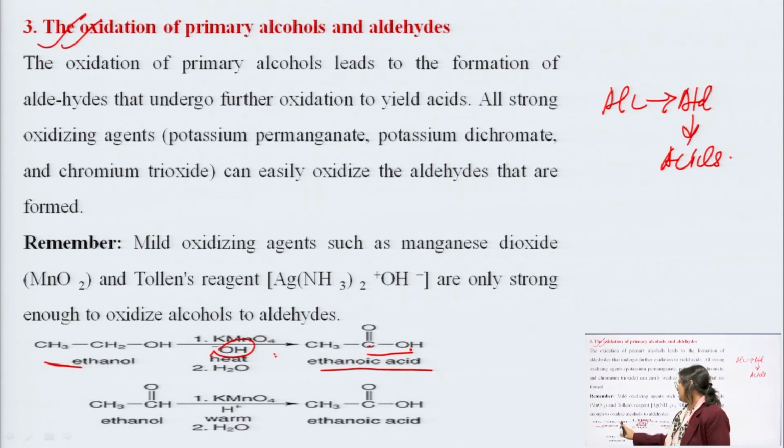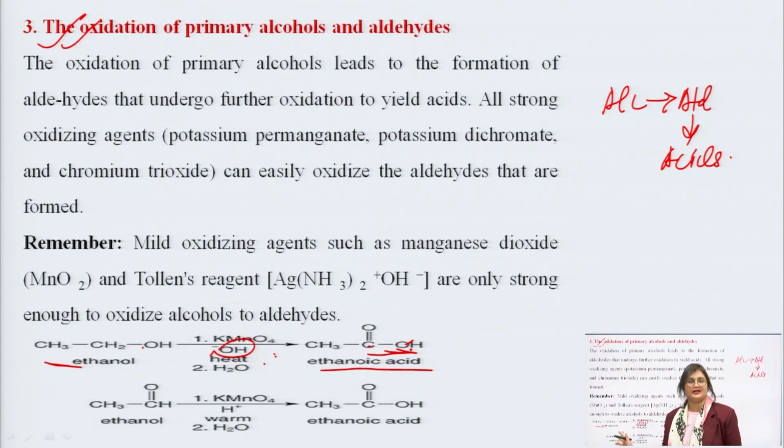That is, one hydrogen atom from here is removed so that a C=O gets attached, and due to hydrolysis OH group attachment happens, forming ethanoic acid.